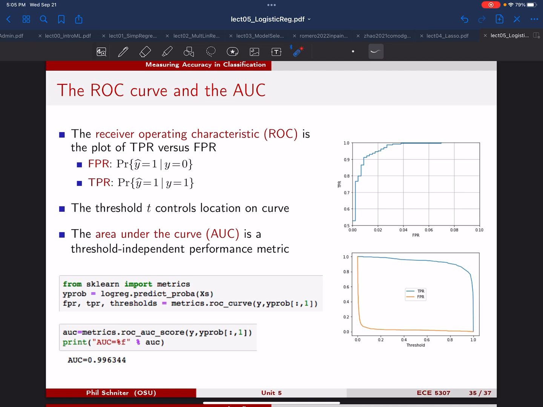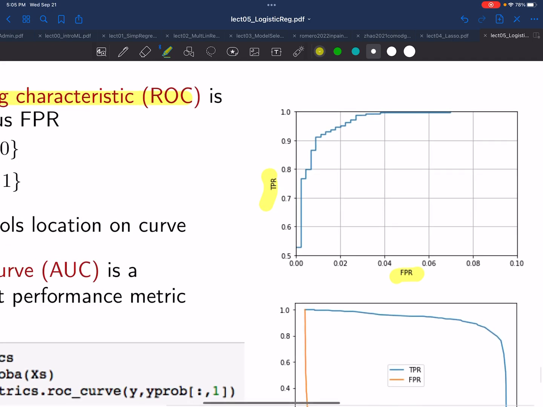And so you can plot these two on one graph. Here, this is the threshold t. If you start out with a high threshold, you'll be somewhere over here.